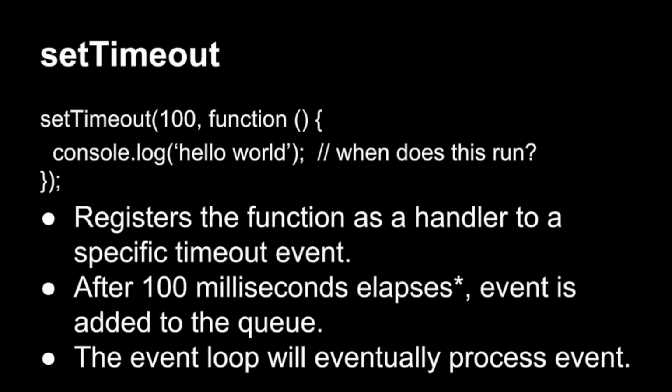I can talk about that. And then the event loop will eventually process the event. So let's just ignore the asterisk for right now and assume that at 100 milliseconds, the event is added to the queue. It could be the nth item in the queue, could be the 10th item. You're processing whatever you're in the middle of, and so it's really not guaranteed that your function is going to run at 100 milliseconds, right? It has to finish whatever it's processing before it gets to this one.